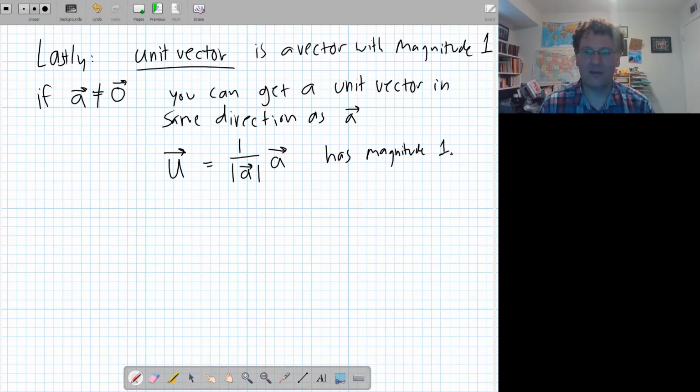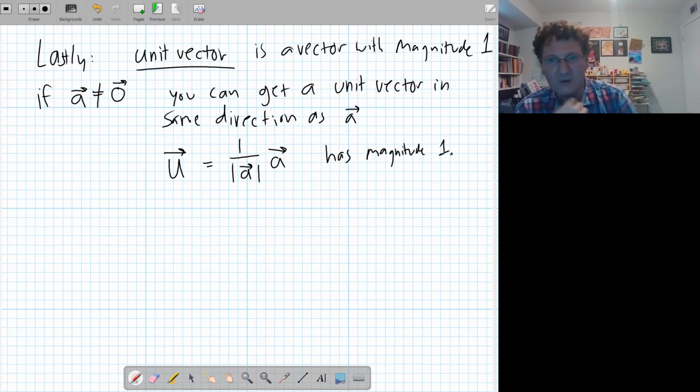And we'll be doing this a bunch of times during the course. We'll have to do something and we'll say, okay, now we have a vector, let's get a unit vector going in the same direction. And so you have to find the magnitude. That's why we spent the time talking about finding magnitude. It's the distance formula. You find the magnitude and you divide it.